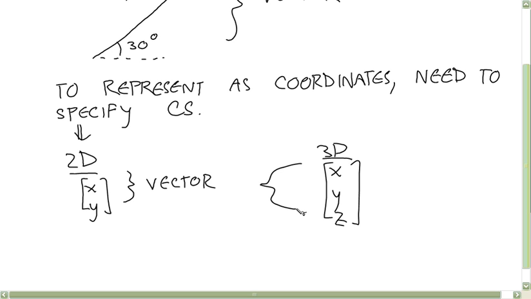Keep that in mind, this is just equivalent to x, y, 0. So keep in mind that any 2D vectors you can do as a 3D calculation by just setting the third component to 0. Okay?